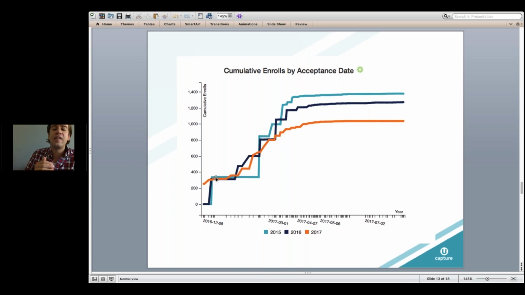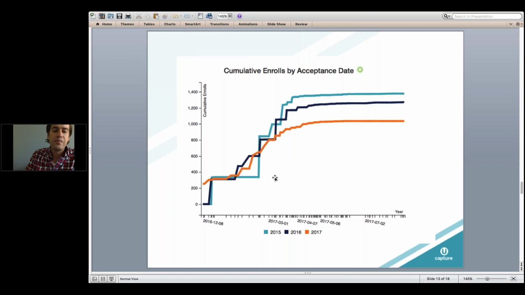So that I think is a key feature that we could probably communicate a little bit better, is that our models are not making a prediction of what your ultimate enrollment total is going to be. It's the prediction of, out of the students you've already admitted, how many are going to enroll. But this tells you how that stacks up against previous years.